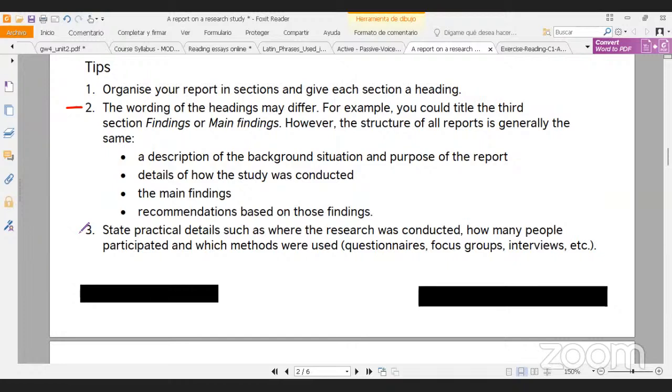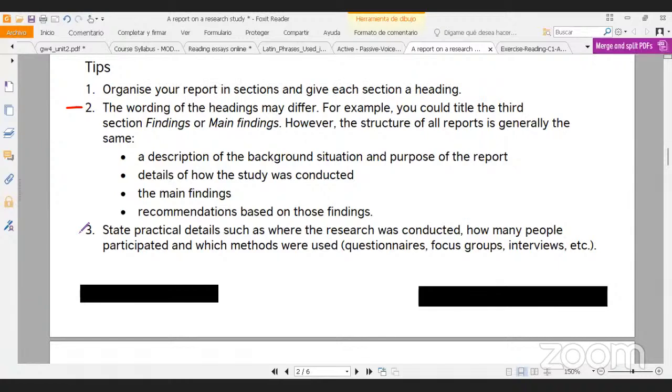A description of the background, situation, and purpose of the report, details of how the study was conducted, the main finding, recommendation based on those findings.